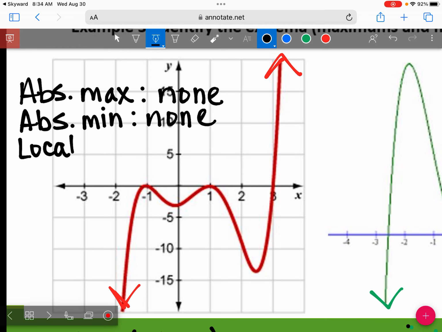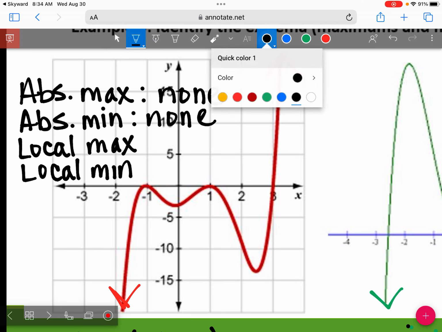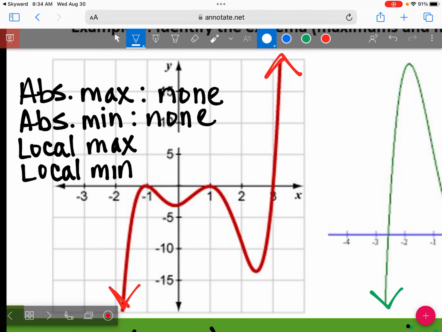Now, as far as your local, I'm going to just give myself some space here to write. As far as your local, you do have some hilltops or peaks. So right here, where I have these blue dots, this would be my local maxes.